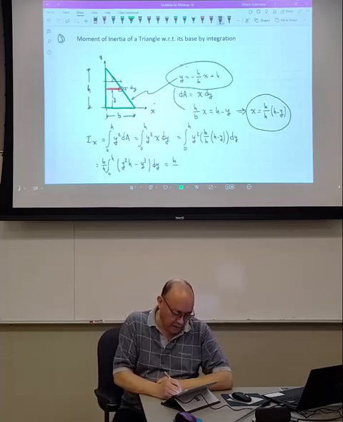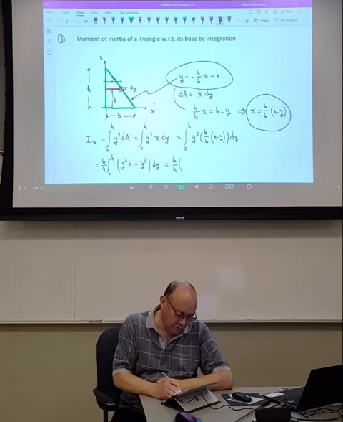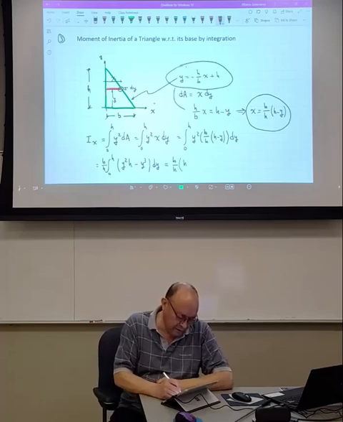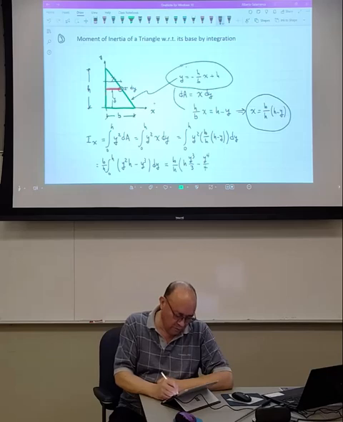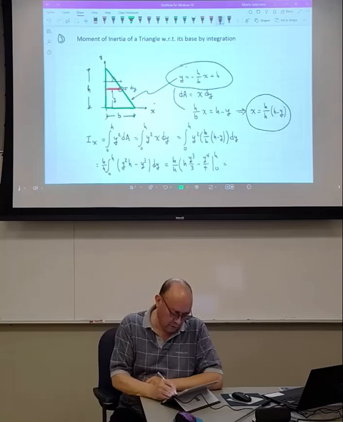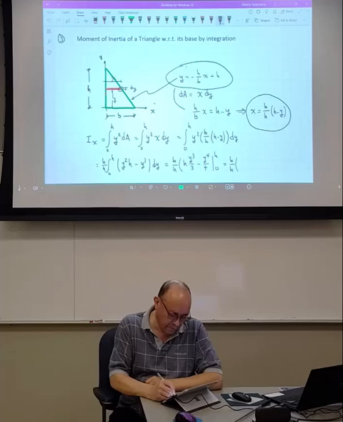B over h, then I have here h y cubed over 3 minus y to the 4 over 4, from 0 to h. Good. So then I will have b over h. I replace y by the limits h and 0.